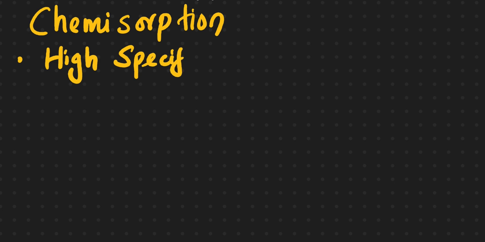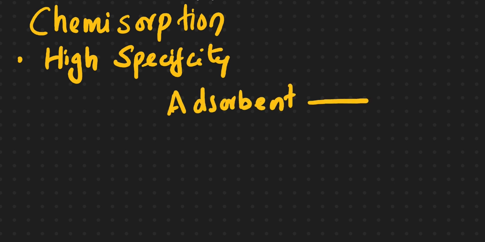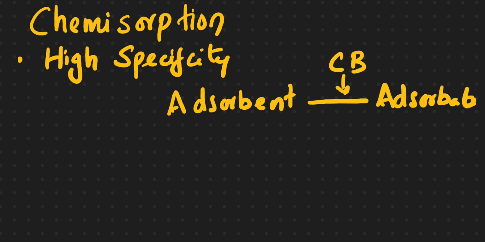Not all molecules can show chemisorption, so it is highly specific. It will occur only if there is some possibility of chemical bonding between the adsorbent and adsorbate. So a chemical bond should be formed between them.